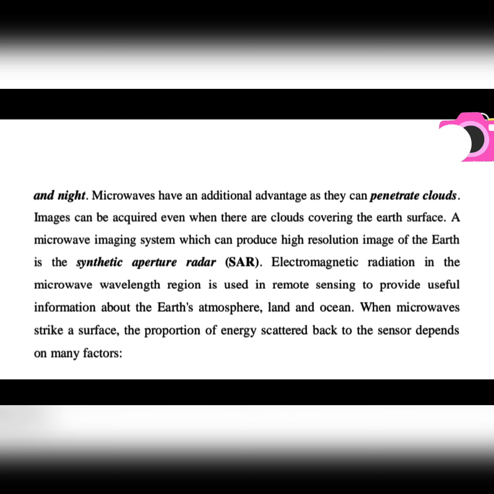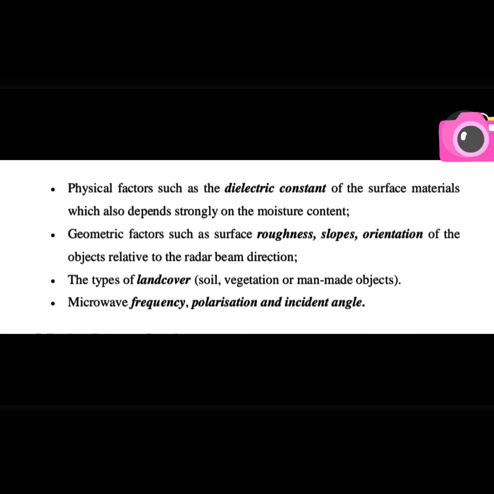Electromagnetic radiation in the microwave wavelength region is used in remote sensing to provide useful information about the Earth's atmosphere, land, and ocean. When microwaves strike a surface, the proportion of energy scattered back to the sensor depends on many factors. These are physical factors such as the dielectric constant of the surface materials, which also depends strongly on the moisture content.